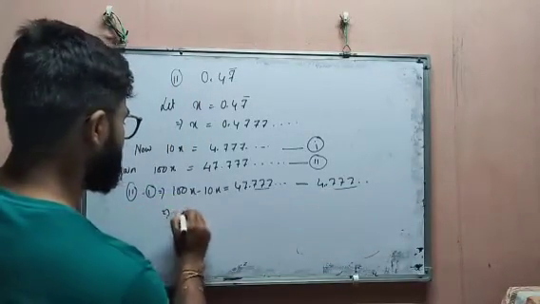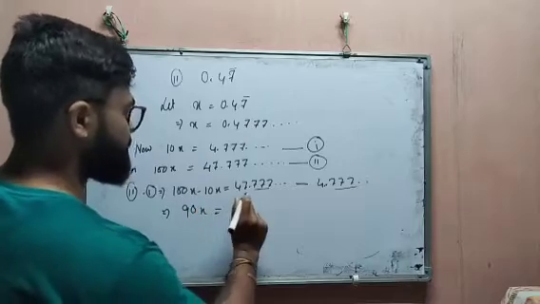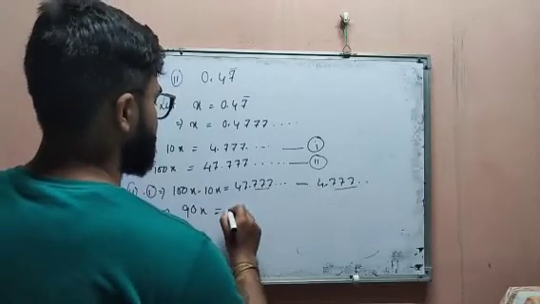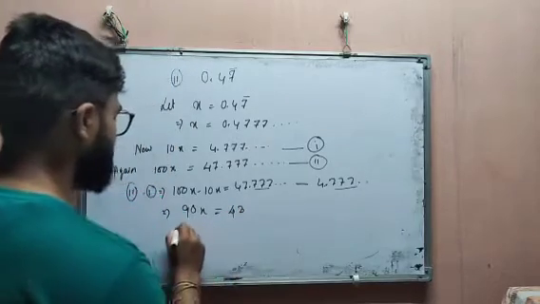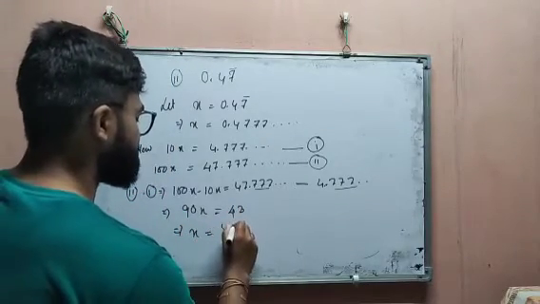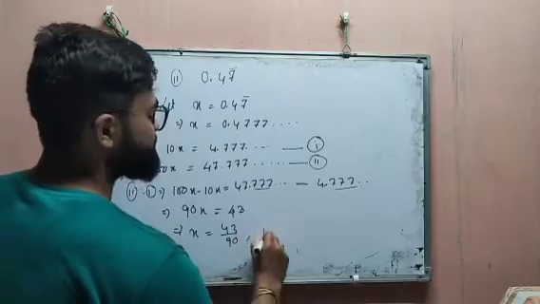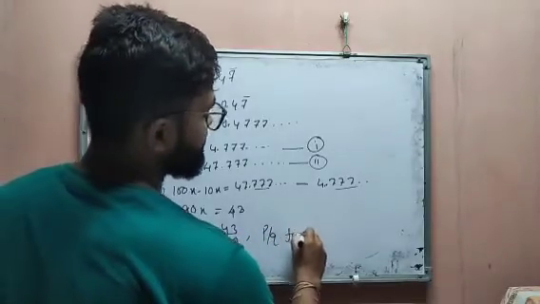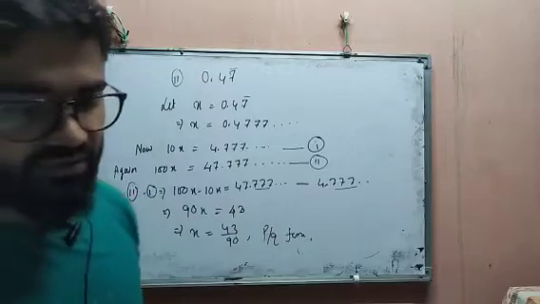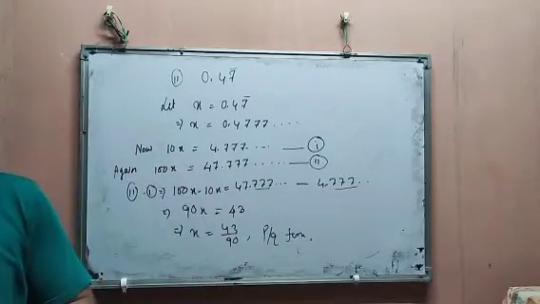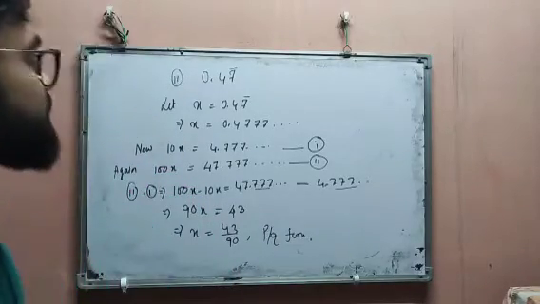So we'll have 90x is equal to 47 minus 4, that means you will get 43, and x is equal to 43 by 90, which is in p by q form. So we expressed it in p by q form. So in this way we have to solve the maths when you are asked to convert to p by q form.